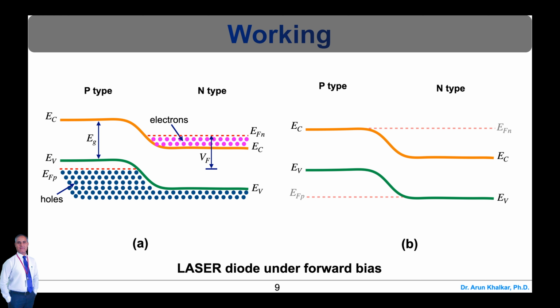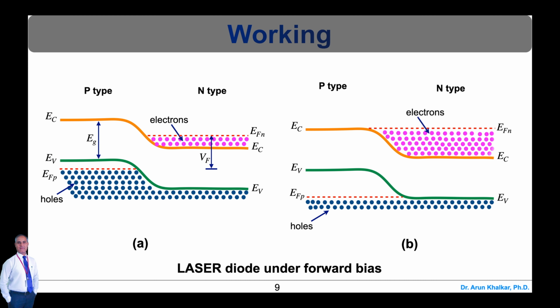Thus, the upper energy levels in the narrow region have a high electron population while the lower energy levels in the same region are vacant. Therefore, the condition of population inversion is attained in the narrow junction region. This narrow zone in which population inversion occurs is called an inversion region or an active region. The recombination of electron and hole pairs leads to emission of spontaneous photons.